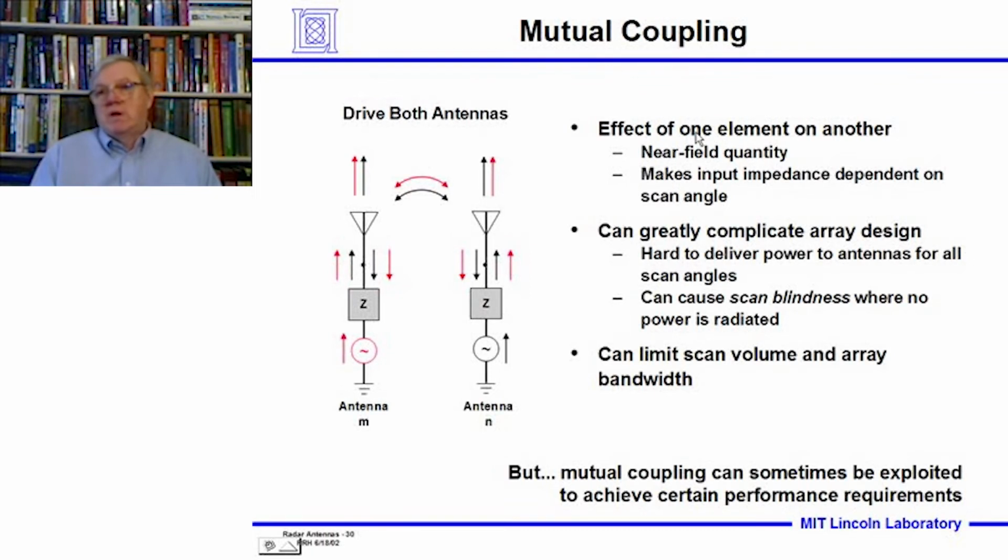It affects one another. And the design of the pattern is such that you have to take these mutual coupling effects into account. And it has an effect on the input impedance that the system sees. And it also depends on scan angle, because you can understand that as you scan the antenna so the radiation is pointing more in one direction than in another, then it's going to affect the currents that are induced in the nearby antennas.